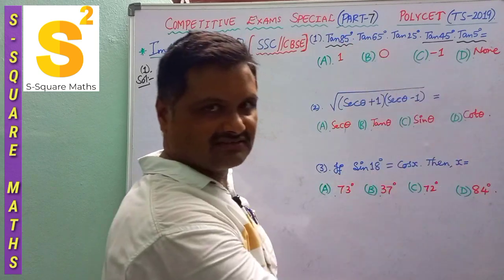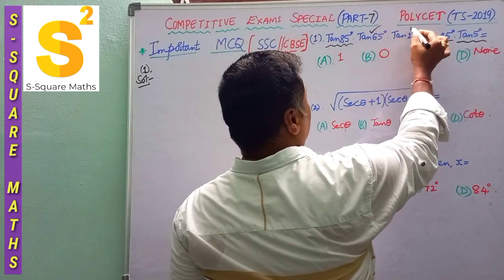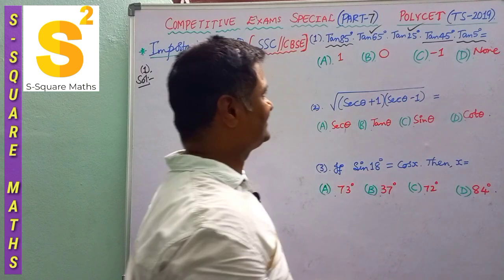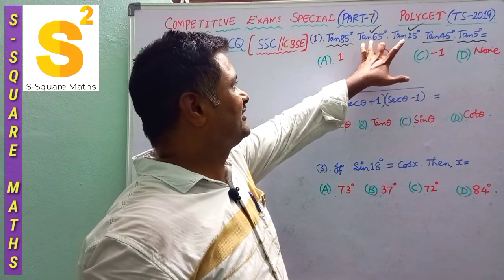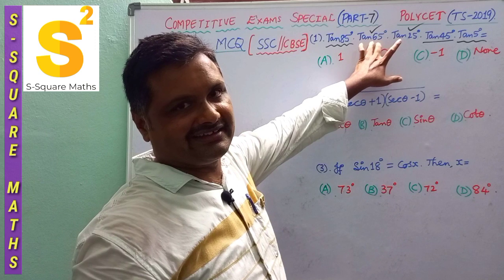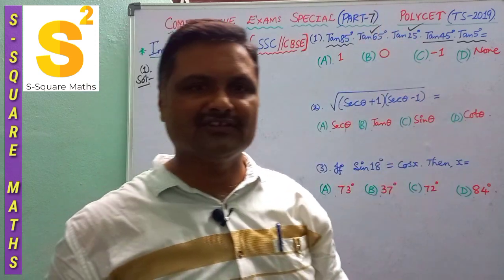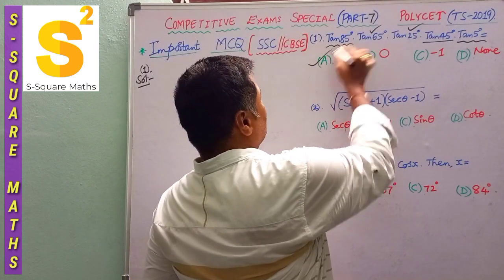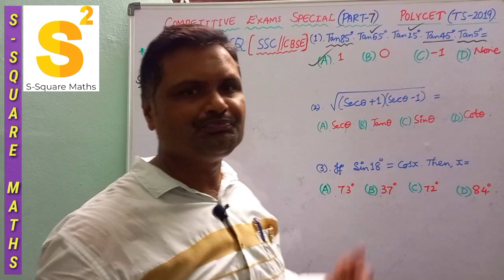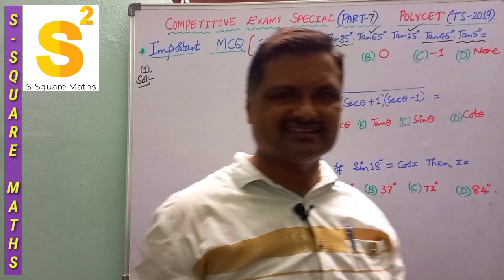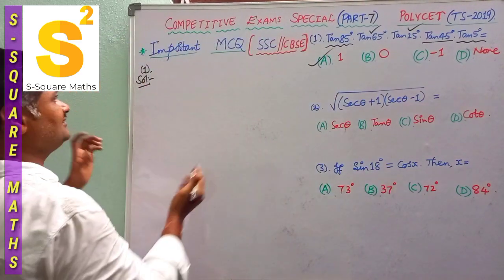Tan 45 is 1, and tan 65 and tan 25 degrees, this I can write as cot 25 degrees. Tan and cot are reciprocals, 1 into 1 into 1, totally 1. So finally it is 1. That is the oral discussion in the competitive examinations.